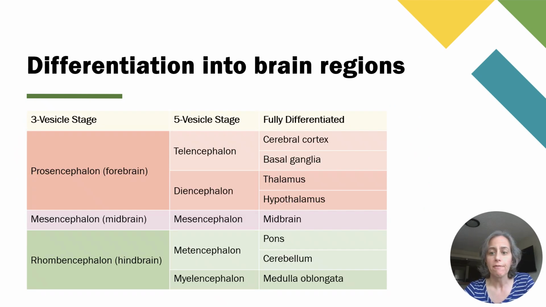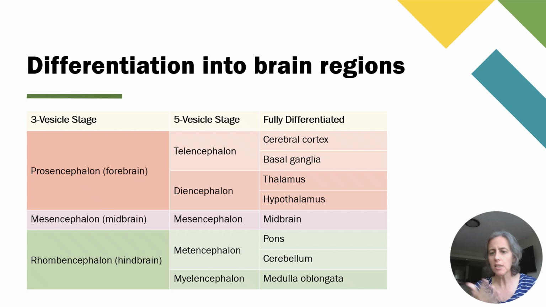All right, so that forebrain, the superiormost part that forms the telencephalon and diencephalon, is going to become the cerebral cortex, that outer wrinkly part of the brain that is the biggest part of the human brain, as well as the basal ganglia, which are within the cerebrum, and you may not have heard about them before. So we're going to learn about them in this class. And then the forebrain also forms the diencephalon, which is that very middle center part of your brain that contains the thalamus and the hypothalamus.